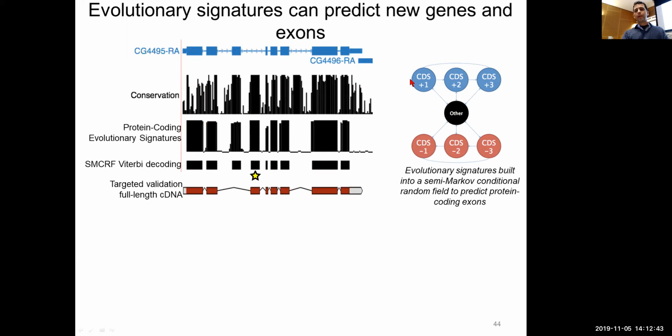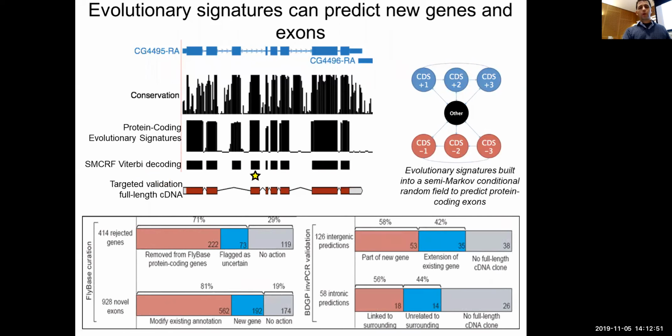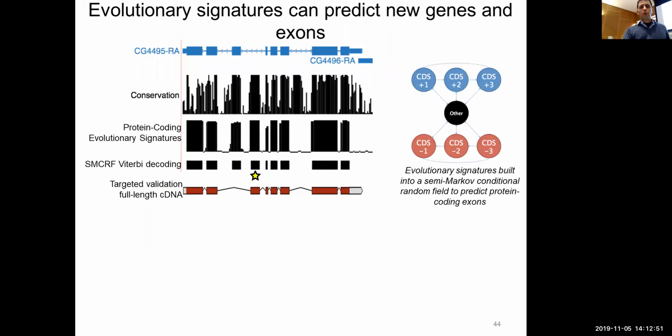And you can then apply some kind of hidden Markov model to decode that sequence into a set of exons that are predicted to be protein coding. When you do that, you basically see that you can perfectly capture all of the previously known exons and discover a new exon, which is not previously annotated, right?